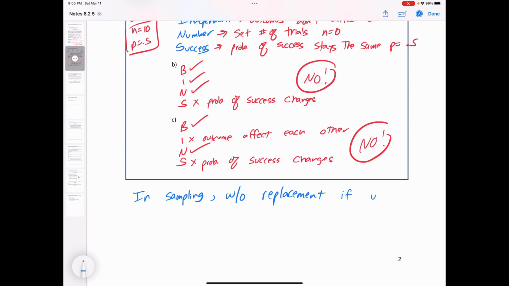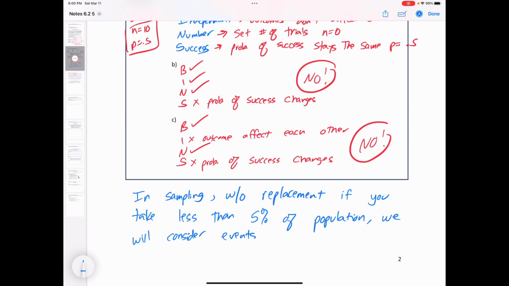If you take less than 5% of the population, we will consider the events to be independent.